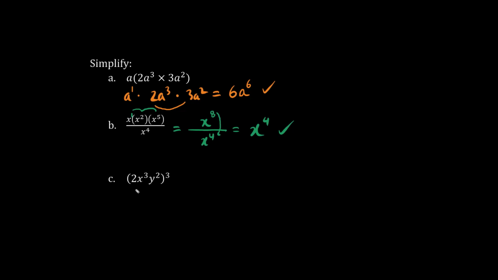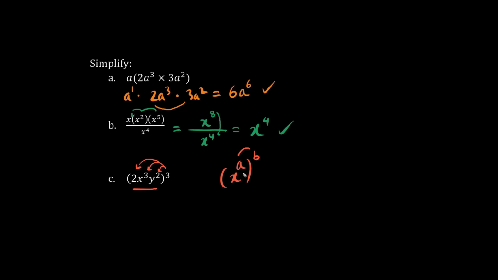Now here we have some base to some exponent 3. Now we distribute the exponent 3, but don't forget to distribute also to the coefficient. People always forget that. So we distribute the exponent here and here. In general, when we have some base to some exponent a, all to the exponent b, we multiply.